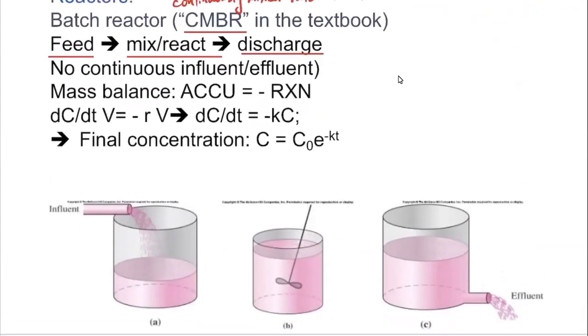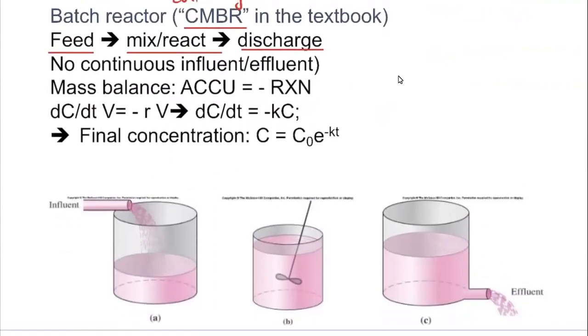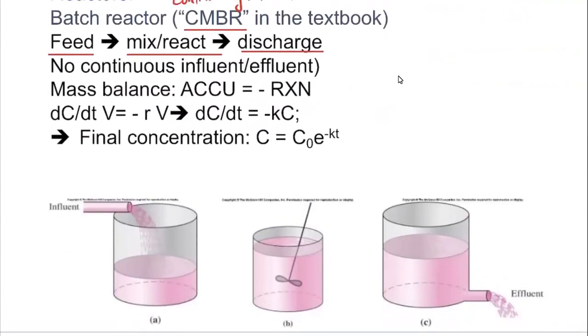So here you can look at these diagrams for more direct understanding. Let's imagine that we have a reactor or a tank here. First we'll feed in the influent, so nothing happens within the reactor. And then we start to put in a stirrer within this reactor. Let's turn it on. Once it's turned on, there's reaction taking place.